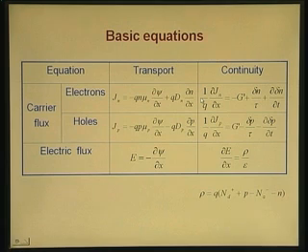So n, p, Jn, Jp and E are the 5 independent variables, and psi can easily be obtained once E is obtained, and that being the case, only the 5 equations are coupled.